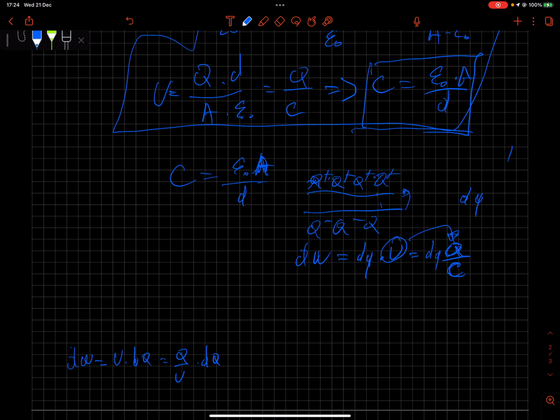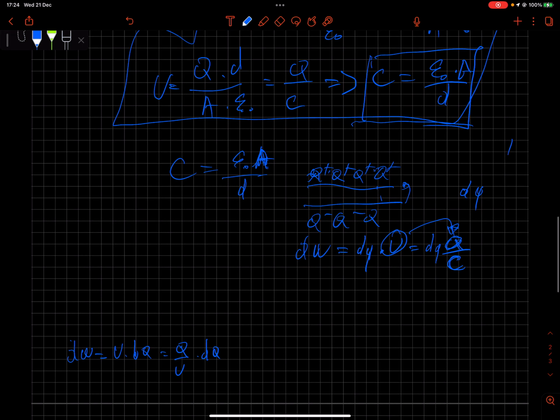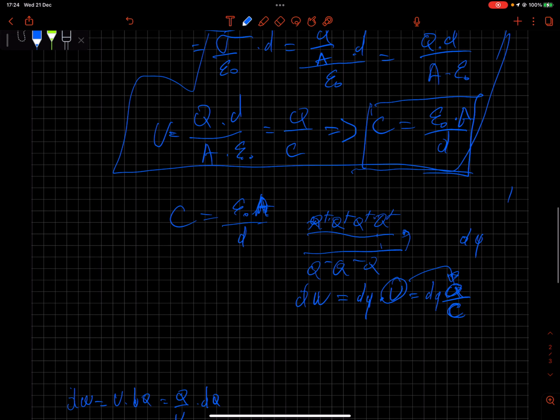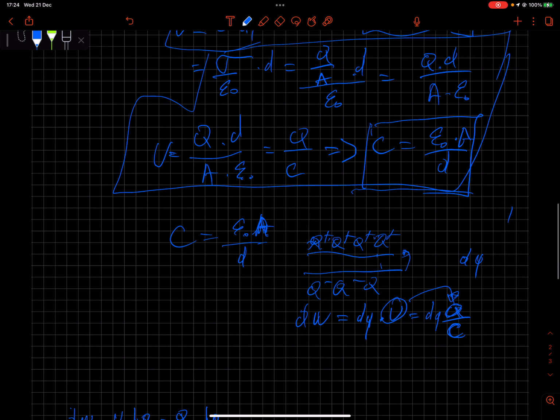Now we can write the integral from time 0 to some time t, it doesn't matter.